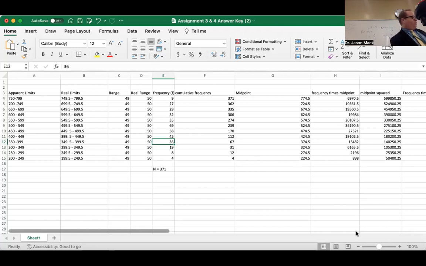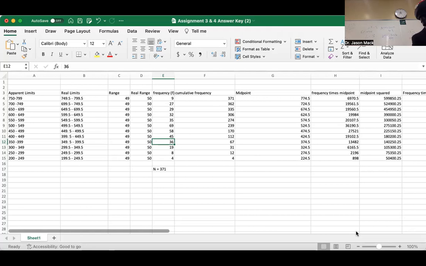So 4. This one's 12. Does anyone know why that's 4 and then 12? And then 12 plus 19. 4 plus 8. So this one would be equals F12 plus E11, right? No, that's false.